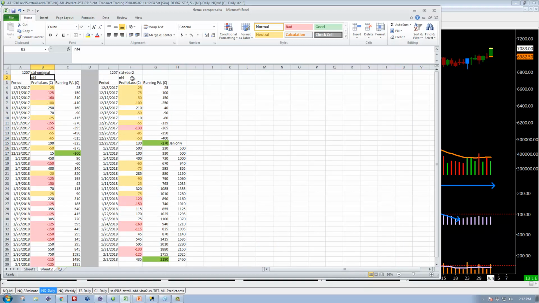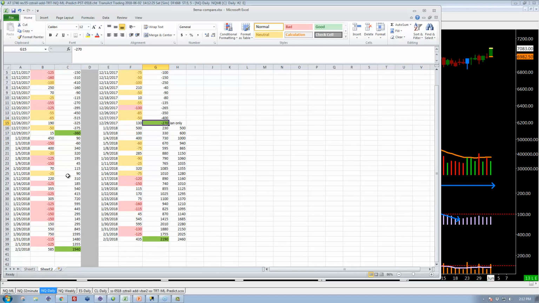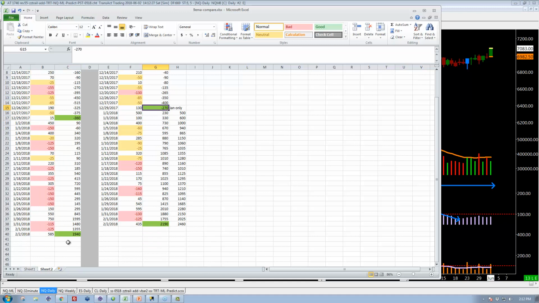Noise filter of 4 for both. One is using go in on the signal. The other is using VBAR 2. Using the 1207 model for the December-January period, about the same for December. December was a rough month, and ultimately about the same for January.